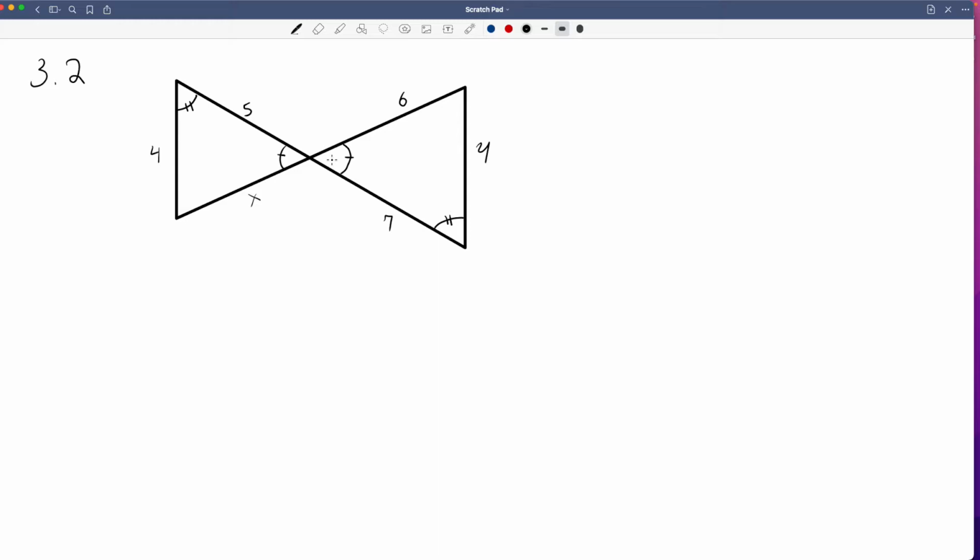So we know that these vertical angles are congruent. So I've put a tick mark in each one to show that they're the same. And we're also told that these two angles are congruent. So if we have two angles that are the same, we know that the remaining angles have to be congruent as well because of the nature of the triangle and how it is constructed.